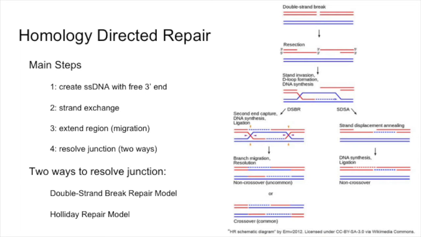So the main steps of homology-directed repair after a double-stranded break is to first create a single-strand DNA with a 3' overhang by exonuclease activity, followed by strand invasion or strand exchange, where the 3' overhang attacks a homologous DNA duplex, and then the HDR pathway will actually split between double-stranded break repair and synthesis-dependent strand annealing.